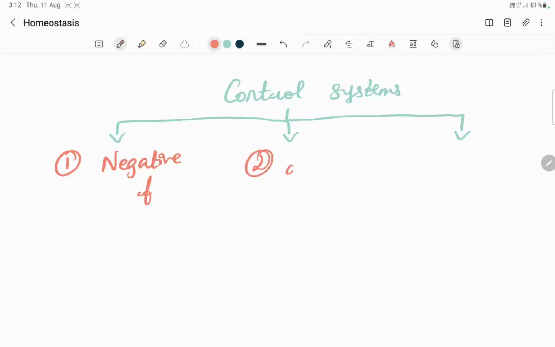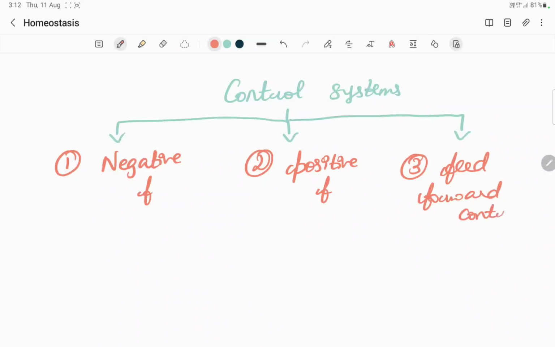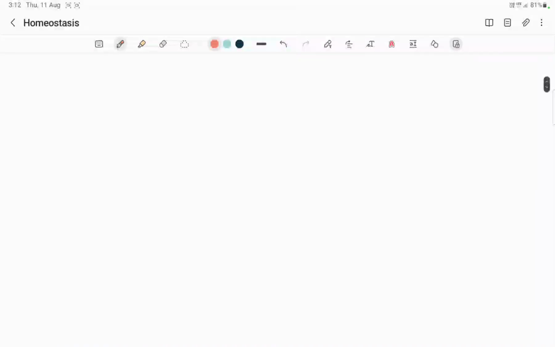The second one is positive feedback. And the third one is feed forward control. So there are three control systems: negative feedback, positive feedback, and feed forward control. We'll be seeing them one by one.